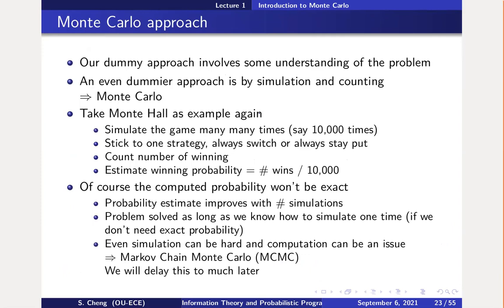So if I'm going to do a Monte Carlo, it's even a dummy approach. For the Monte Carlo I just mentioned, I'm going to solve the problem simply by simulation. Again, using the Monty Hall problem as an example, I just simulate the game many, many times.